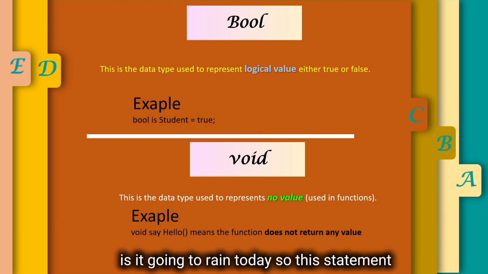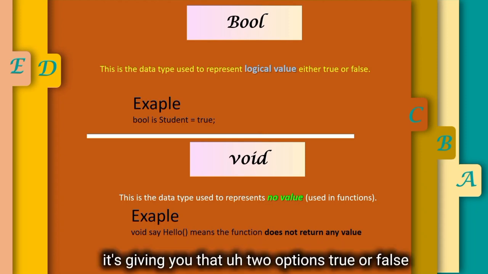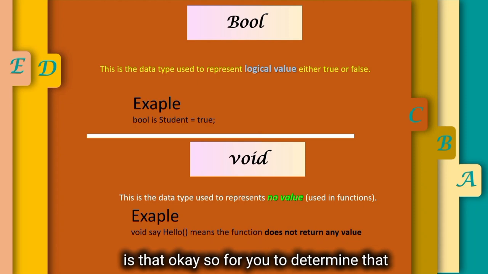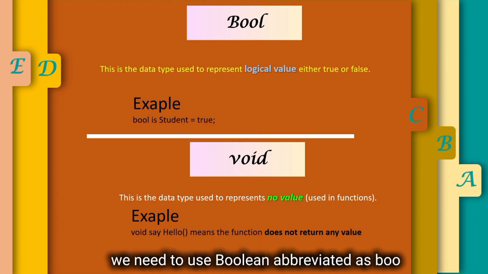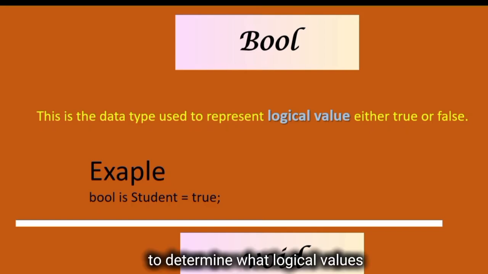For instance, is it going to rain today? This statement gives you two options, true or false. So it's more like a probability. For you to determine that, we need to use Boolean, abbreviated as bool, to determine logical values.